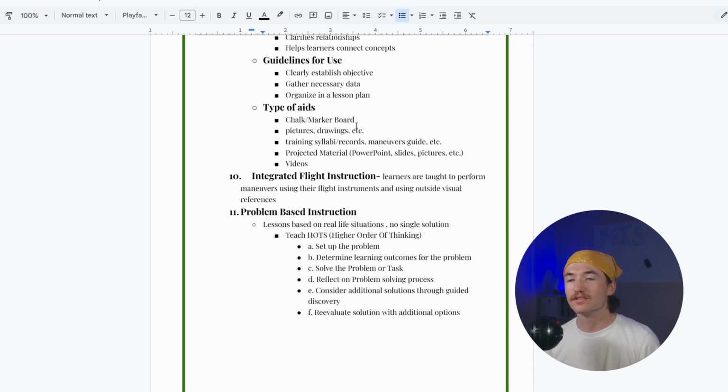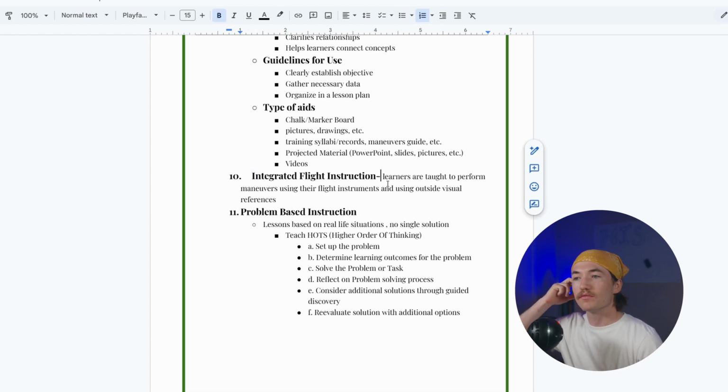It is fun to do stuff on the whiteboard though, because you can illustrate things that you're trying to explain. But a runway incursion lesson, I found, was simply way too hard to do on the whiteboard. So be flexible on the type of lessons that you can create. That is something that was hard for me to stray away from.